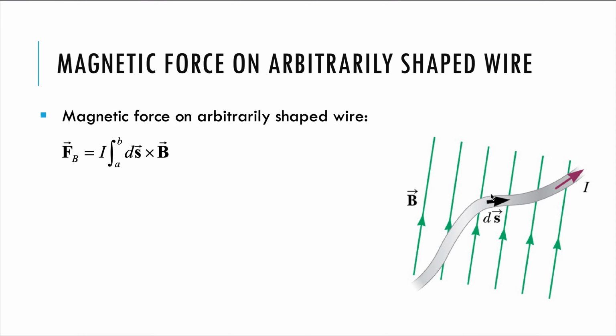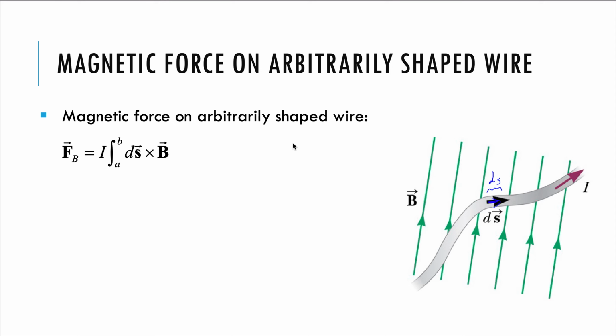Some people call them dl. That's okay. So you just break up your wire into a whole bunch of tiny little segments, and these segments have a little length ds, and the direction is going to be in the direction of the current.